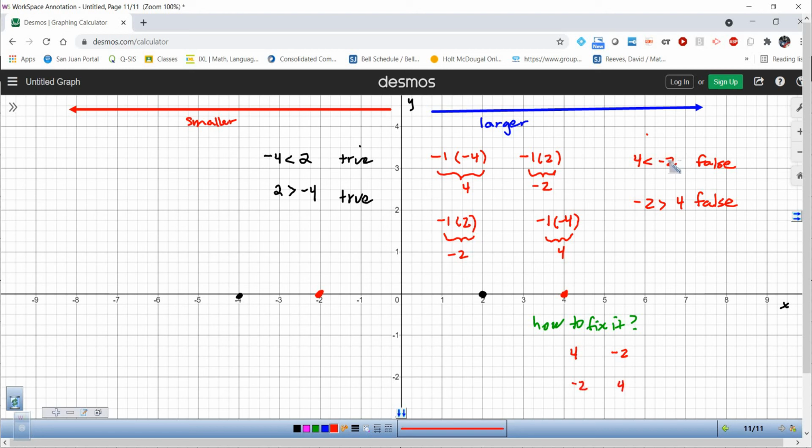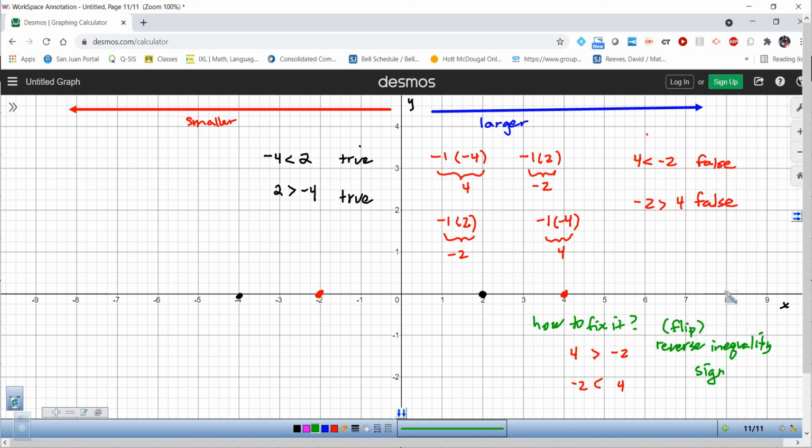Well, if 4 is not less than -2, 4 must be greater than -2. And if -2 is not greater, it must be less. How to fix it? We reverse the inequality signs. Or sometimes we call it flip. Flip the inequality sign or reverse the inequality sign.